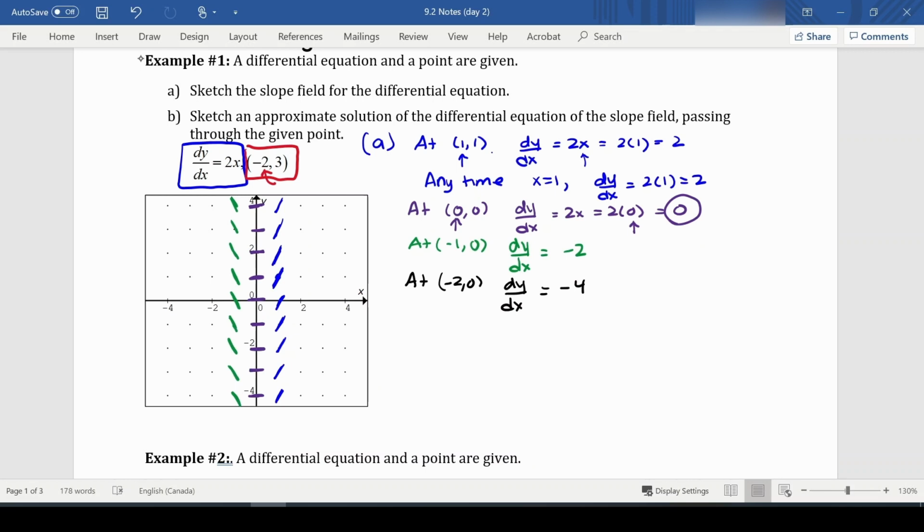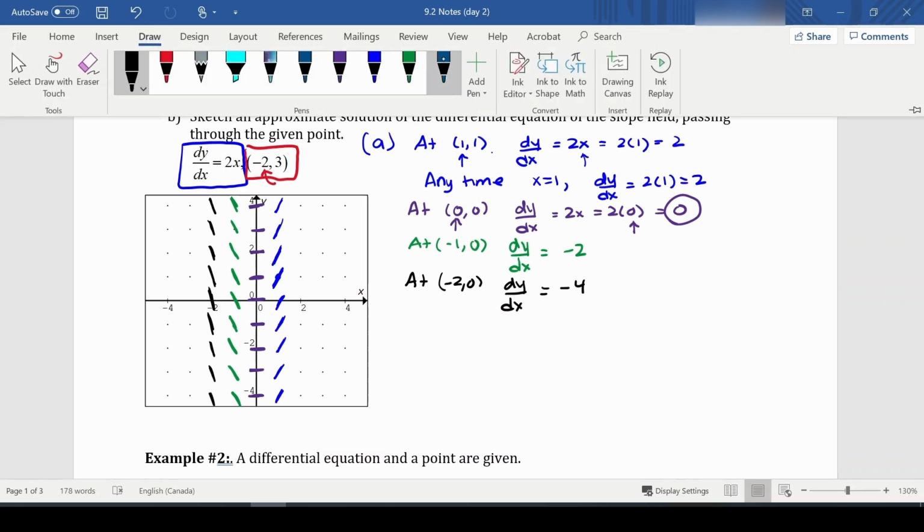These ones are going to be a little trickier to draw. Eventually, if the slopes are too steep, they all start looking the same. So just do your best. Then I'll probably do one more, again, further to the left.